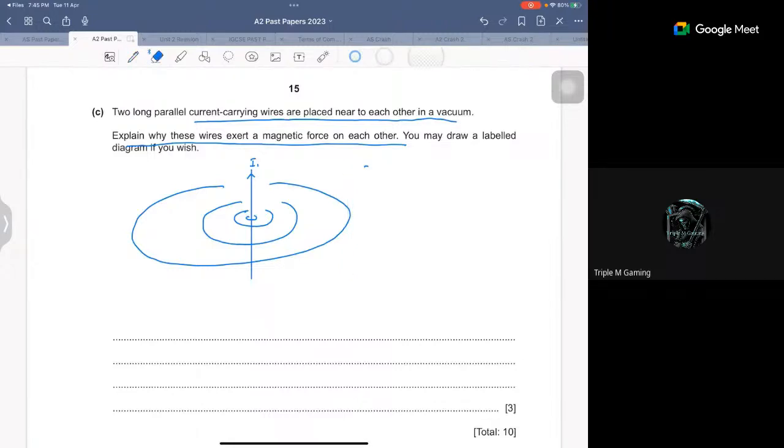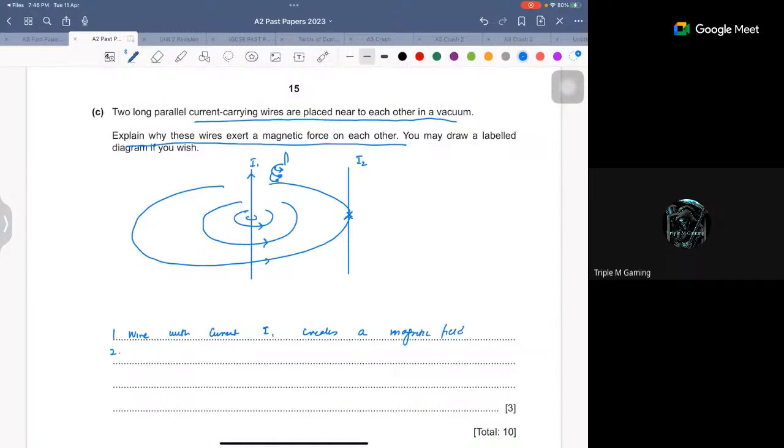Okay. Then I'm going to say, if I were you, because the field direction is like this, how do I know? Right hand grip rule. Thumb up, and your fingers will curve like this. So here, the field is into the wire, the current is there. Now I'm going to write it this way. I'm going to say: wire with current I1 creates a magnetic field.